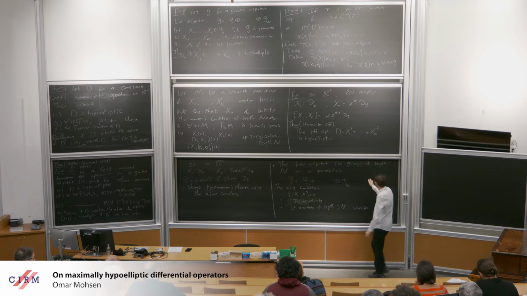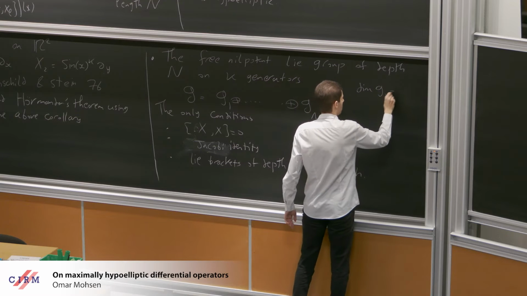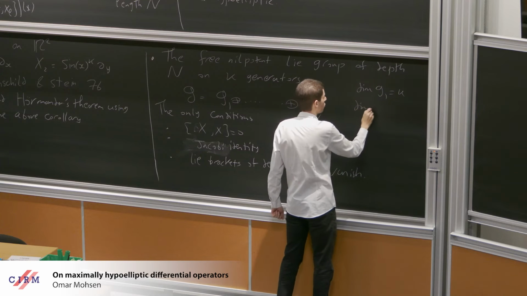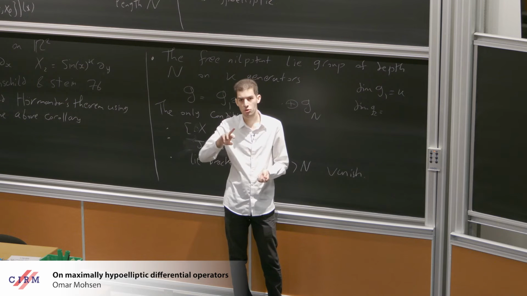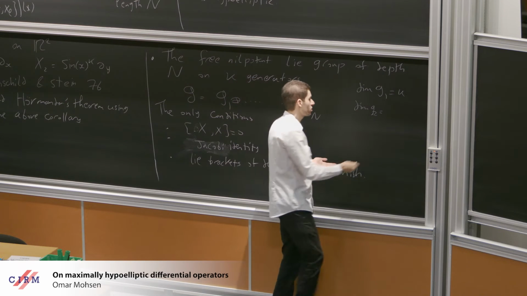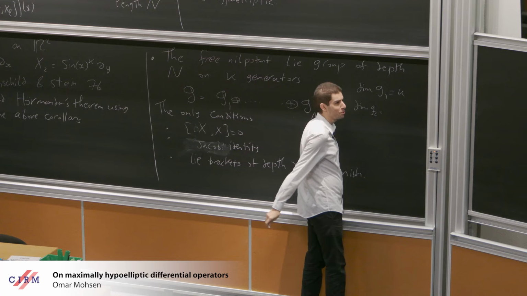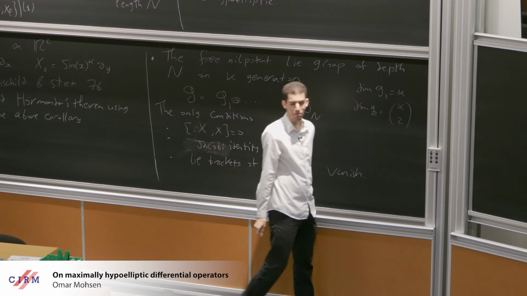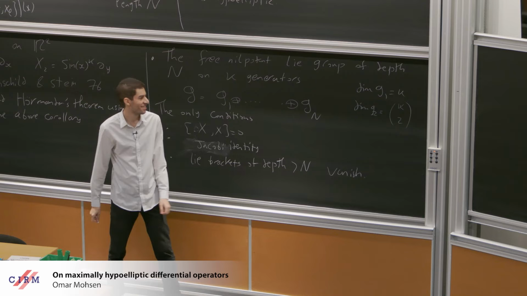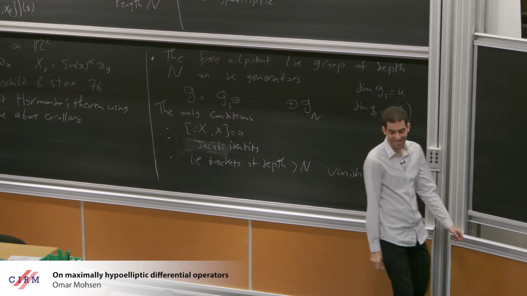G1 is of dimension k. And the dimension of G2 would be all commutators, and you have the anti-symmetry, so it's k choose 2. Who knows what this is? Probably this.